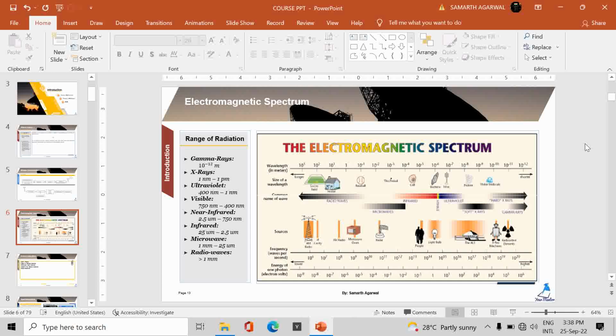And further, FM radio, that is frequency modulation radio, then the microwave oven, and the radar antenna, or you can say military radars or ATC. Airports have ATC, which is air traffic control. So these also have radars in them.